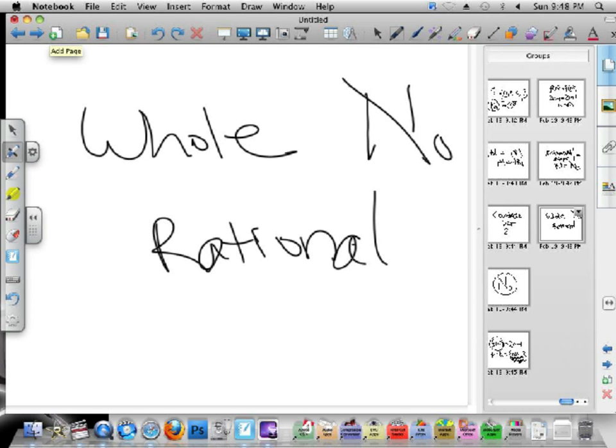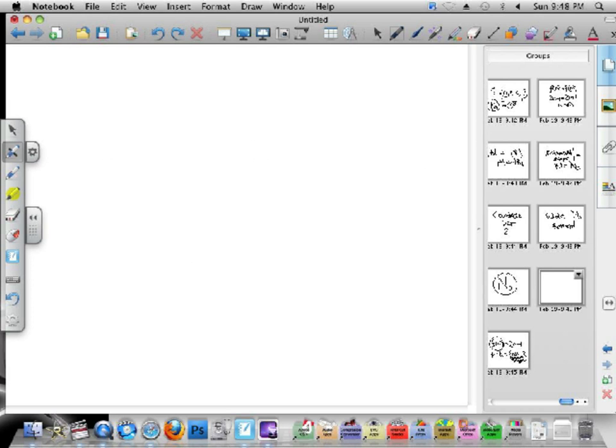Now, on the other hand, if a set is not countable, then we call it uncountable. Remember what I said earlier about mathematicians not being creative? So basically, uncountable means that there doesn't exist a one-to-one correspondence between the set and the natural numbers.